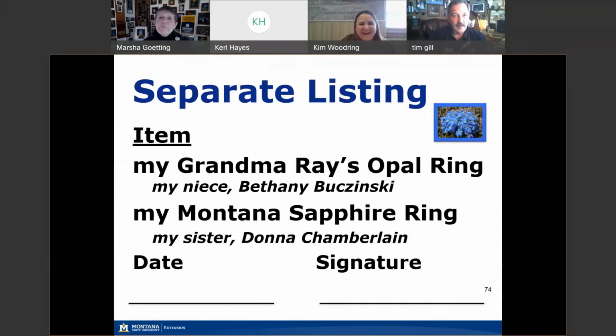My dad made lots of fun with my brother-in-law about that one, but it's Buzinski. Sure. So if there was another one out there, they wouldn't be confused by some other random Bethany. They would know that it goes specifically to their niece. And then there's an example at the bottom where you could date it and sign it, and then everybody knows who gets what. And it's really great.